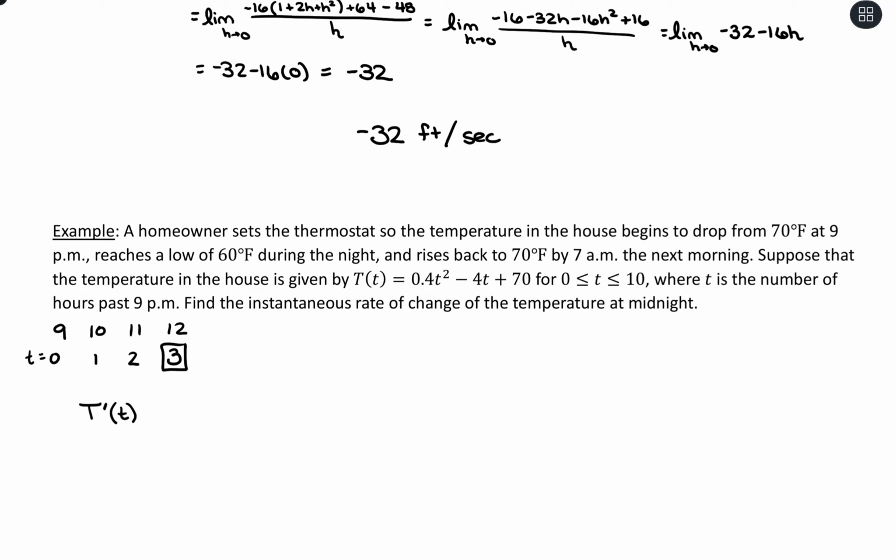So first derivative of T, and we're looking where time is 3. So we're going to look at the limit as h approaches 0 of T of 3 plus h minus T of 3, all over h.